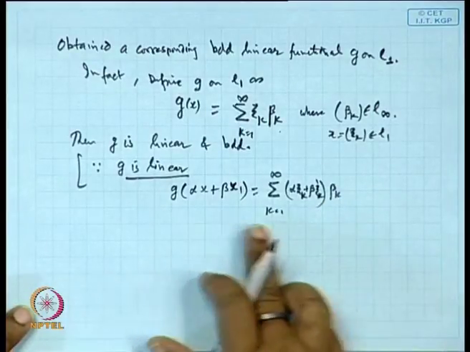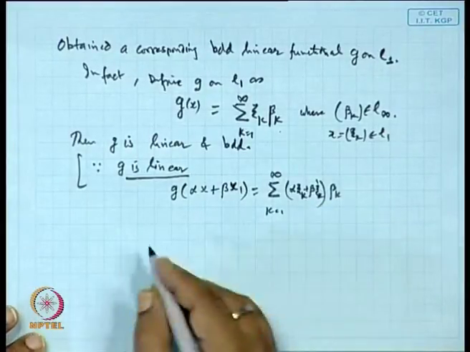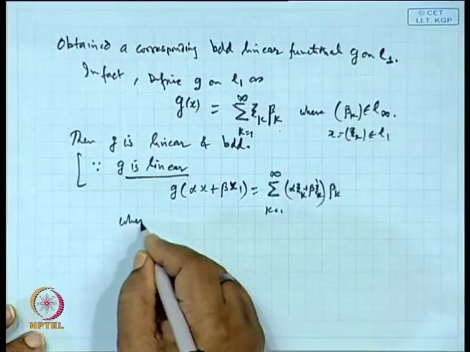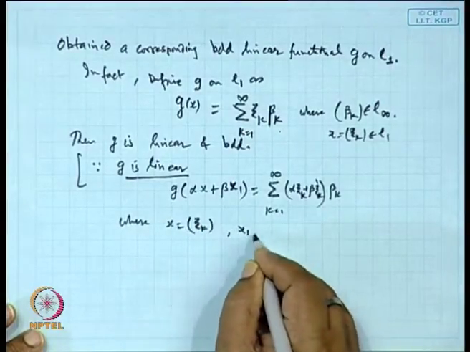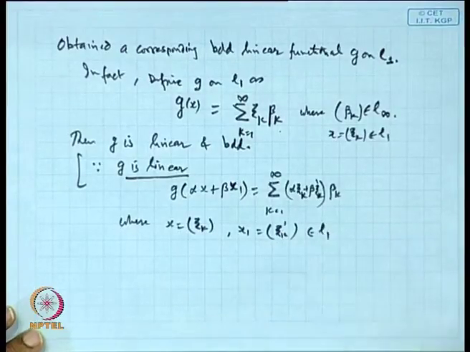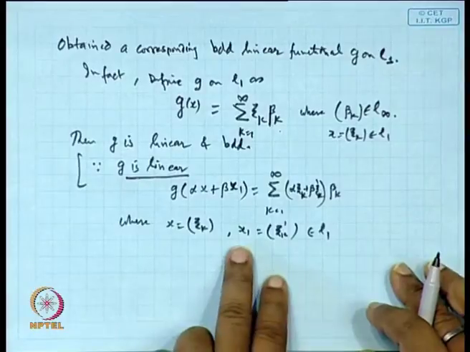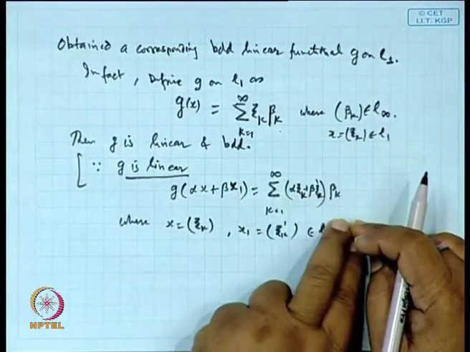Here x is xi k, and x 1 is xi k dash, both are points in L1. So, alpha x plus beta x 1 means this sequence multiplied by beta k.